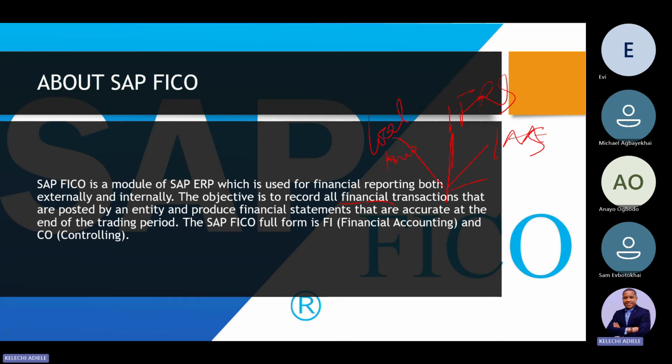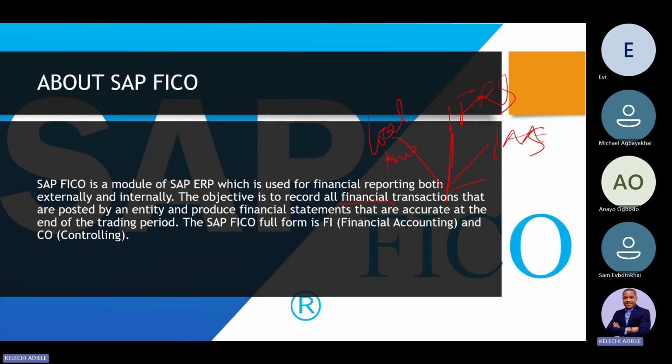The only way you can account is when you have set up a system that can report what you have done financially. We also have management accounts that use both financial and non-financial transactions to come up with those accounts. But financial reporting only records financial transactions.